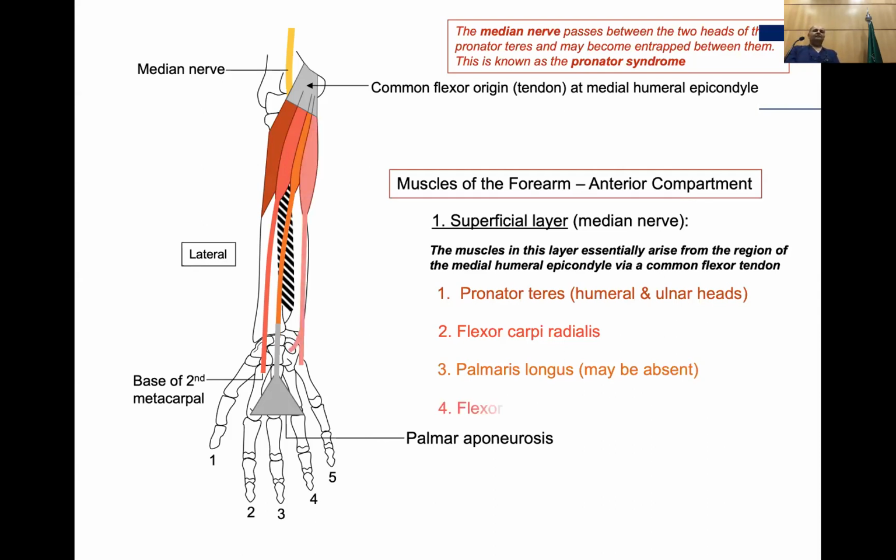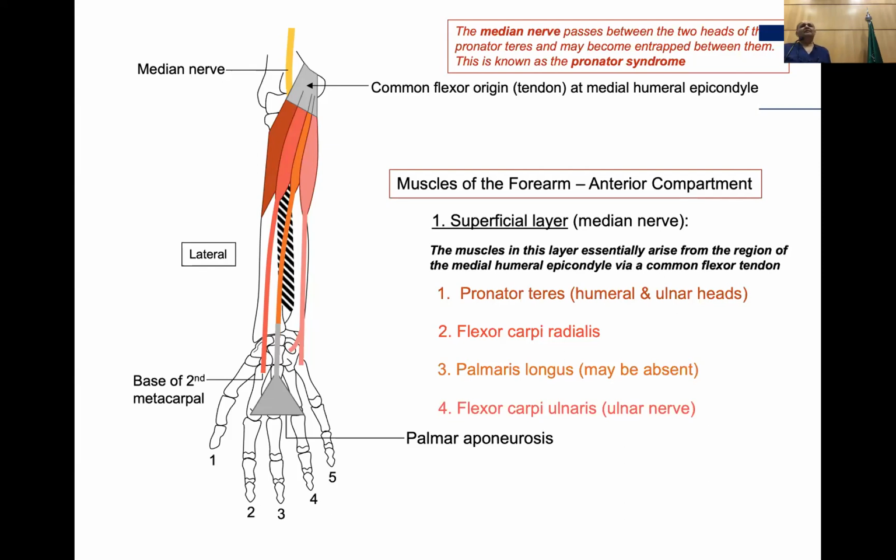And now, tell me the name. Flexor carpi ulnaris. And you know the reason; I need not say it. Everybody is clear? So we have talked about the superficial layer. Let me quickly recap. We have pronator teres, flexor carpi radialis, palmaris longus, flexor carpi ulnaris.